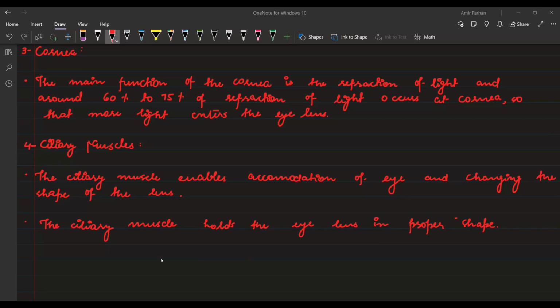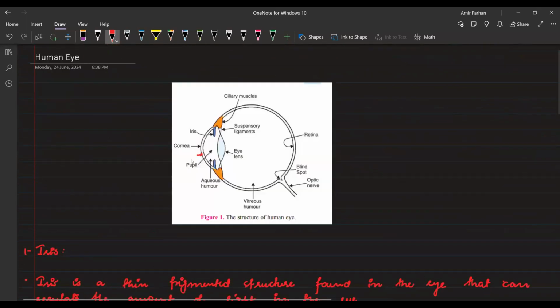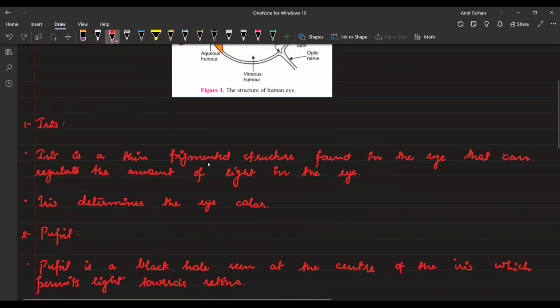And this is the ciliary muscles. Okay, what is next? Cornea done, iris done, pupil done, ciliary muscle is done. The eye lens is left. Next is the eye lens.